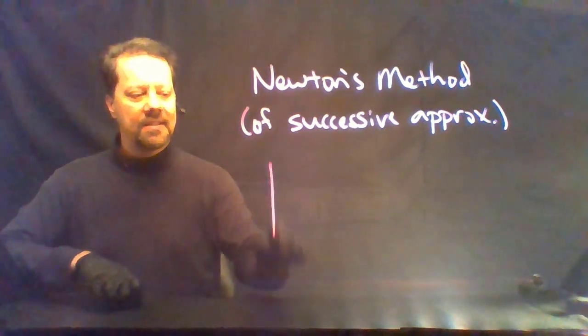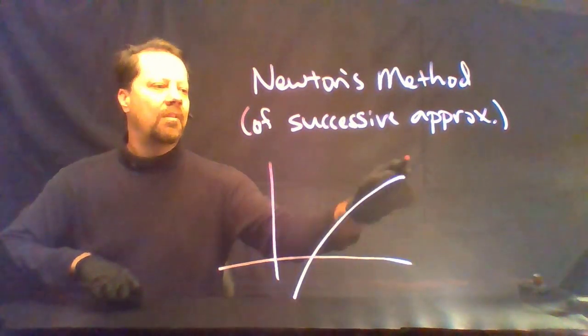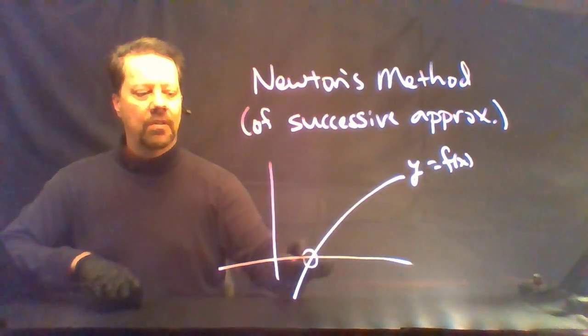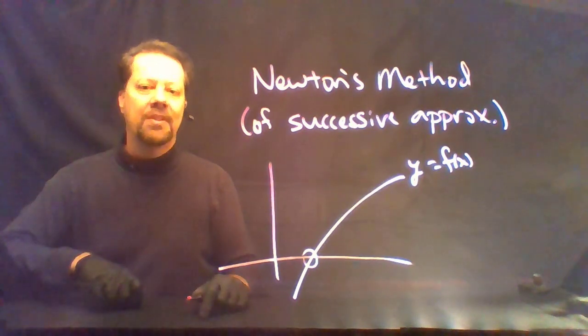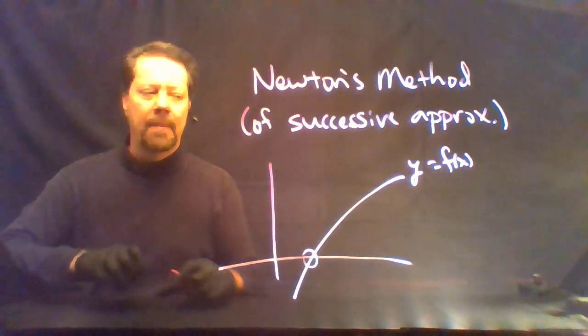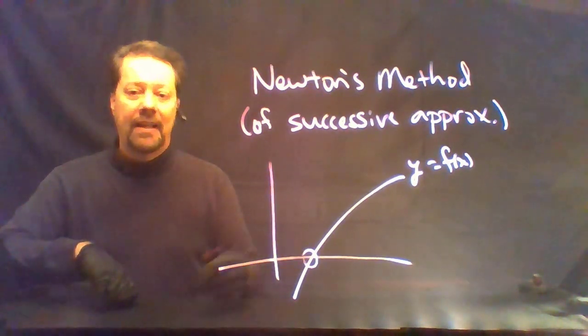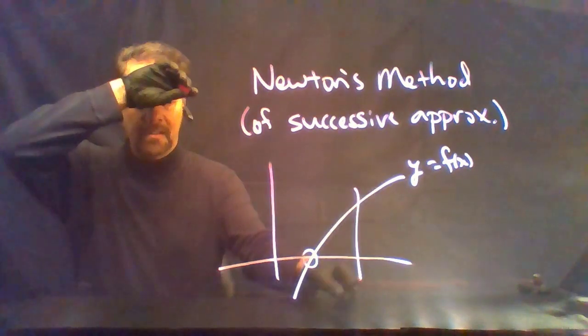It works like this. Suppose that I would like to know where some function crosses the x-axis. I'm looking for its x-intercepts, its roots. Suppose that to begin with, I have no clue where to look, so I'm just going to close my eyes and mark off some spot.